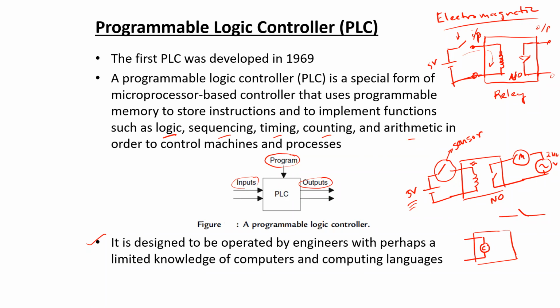The circular symbol represents the coil, and the contacts are represented by two horizontal lines like this. So this is representing a normally open contact, and this is representing a normally closed contact.